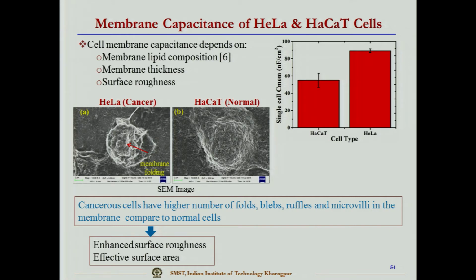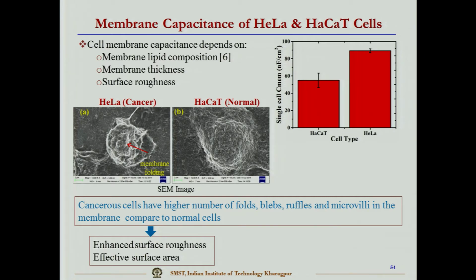And also from the AFM image you can see some surface features, and here the HeLa cell is much rougher than the HaCaT cell. The surface has many folds, so the overall surface area increases.